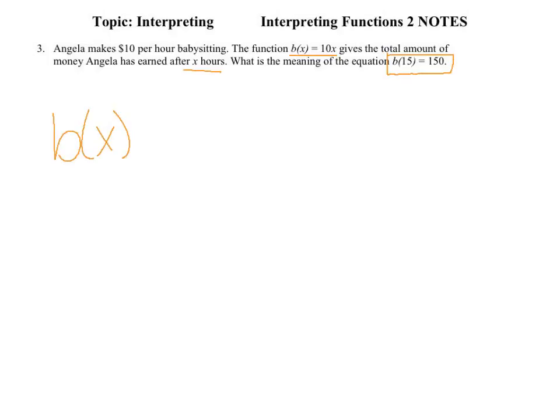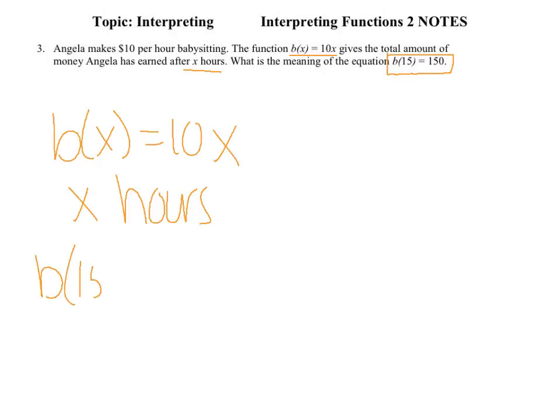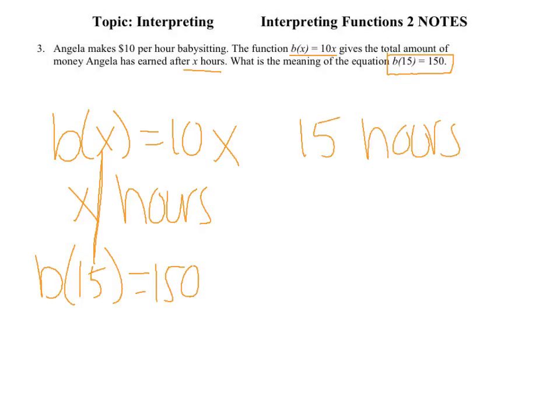So here's the information I know. I know b of x equals 10x. I know that x means hours. And I want to know this: what does this mean? Well, if you notice, the 15 is in the same x spot, so I can assume that we're talking about 15 hours.